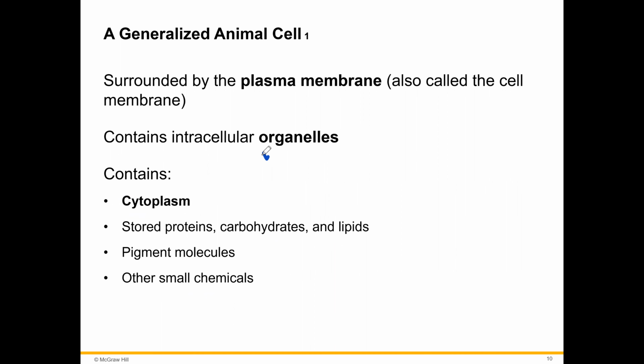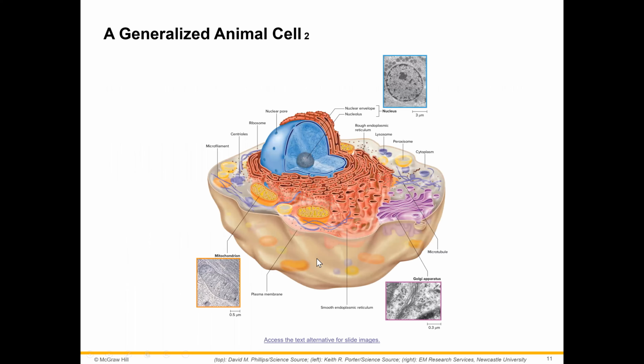So pretty much water called cytosol and organelles make cytoplasm, and then you have all other molecules listed over here. So here's a diagram of a simplified eukaryotic cell that's surrounded by a plasma membrane, has a nucleus, and all these organelles inside a cell.